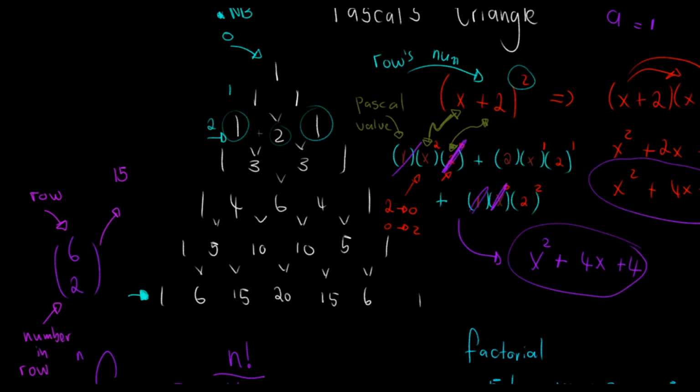And remember what I said, we start counting at 0. So 0, 1, and 2. And if I look at this value, it is the exact same value as 15. Now we can see how Pascal's triangle is used not only as a mathematical piece of art, but it can be used to solve binomial expansion questions, and it can also be used to solve combination questions.